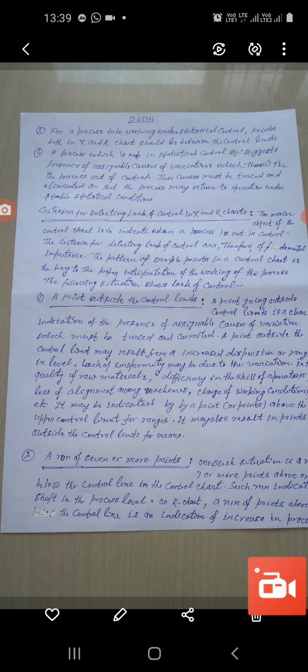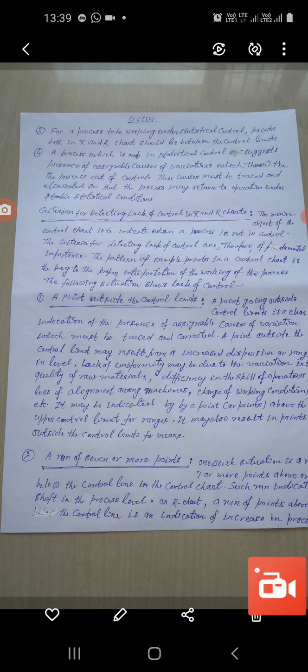And next, deficiency in the skill of the operator. If the operator is not skilled, then it is also a problem. Next is loss of alignment among machines. This is also very important.